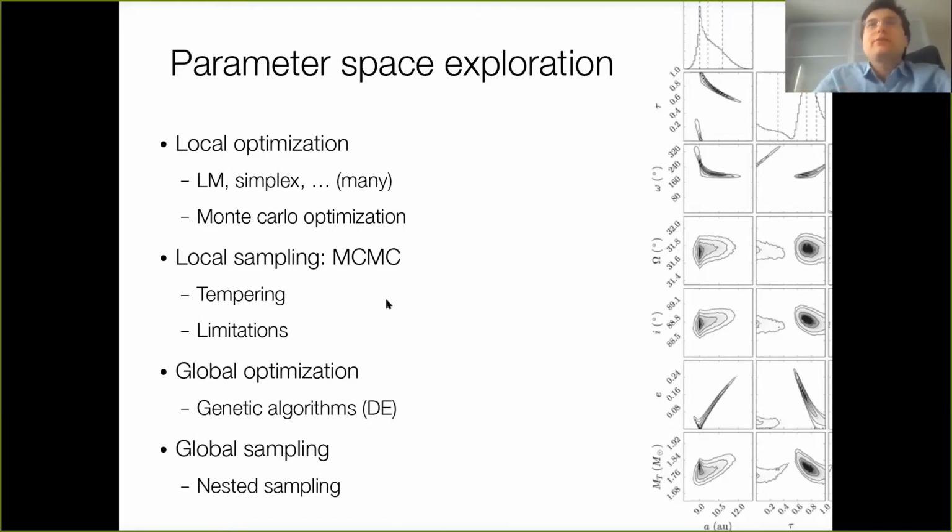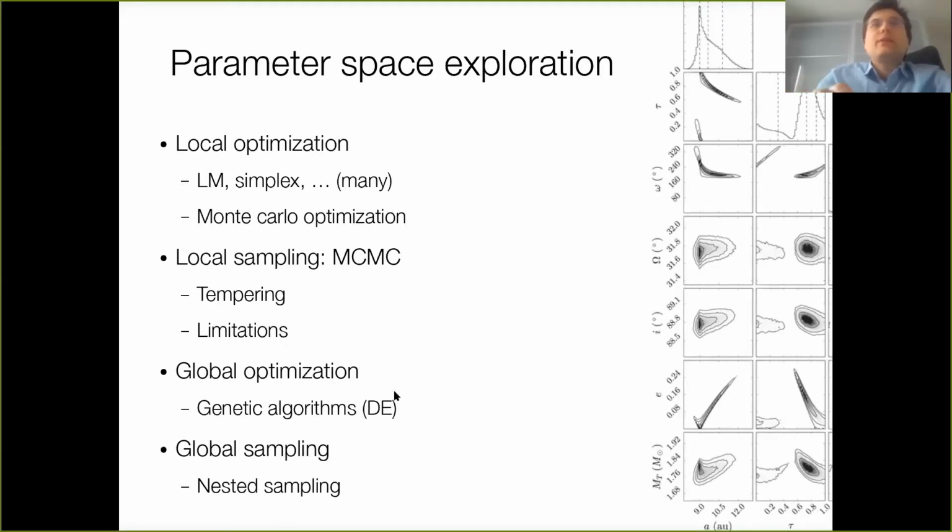Another type of algorithm, which I include here in the category of local sampling, is Markov chain Monte Carlo. This is a very popular algorithm that you'll often encounter in astronomy. I would recommend that you try to implement MCMC by yourself to play with it a bit and understand it. I will explain how that works.